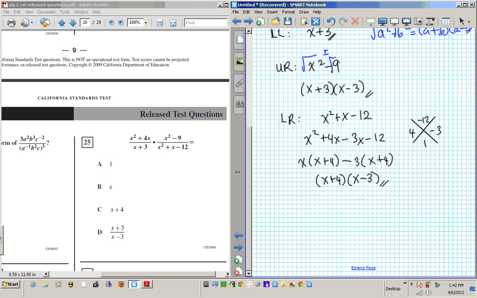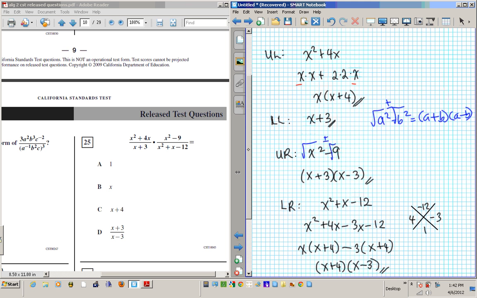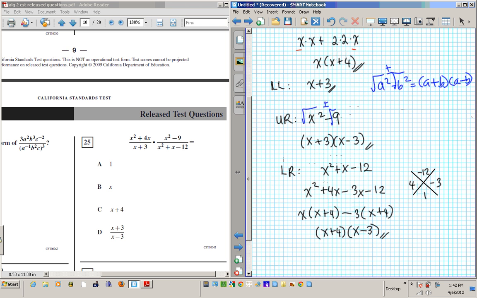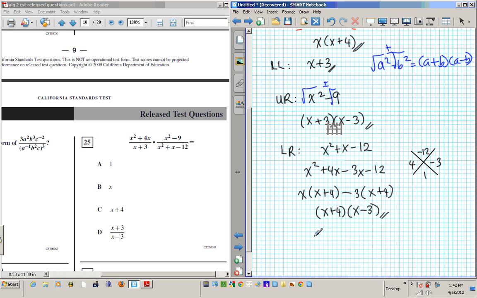Okay, I'm going to put together all the results I got and see what cancels out. Upper left, I have x times x plus 4. Lower left, I have x plus 3. Upper right, I have x plus 3 times x minus 3.